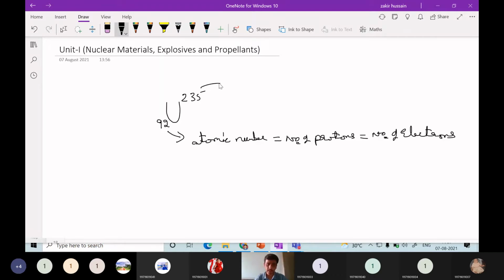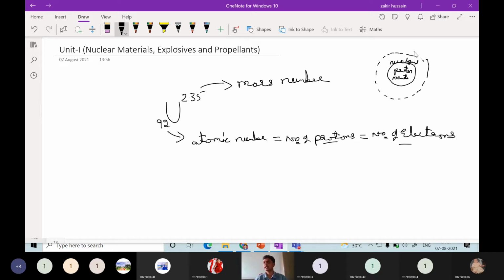Then what is this 235? As I told you in the introduction class, this is the mass number. Protons and neutrons together make up the nucleus.